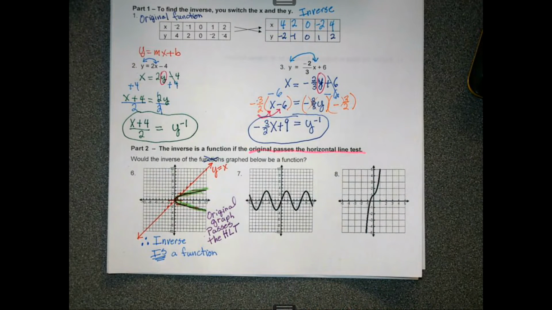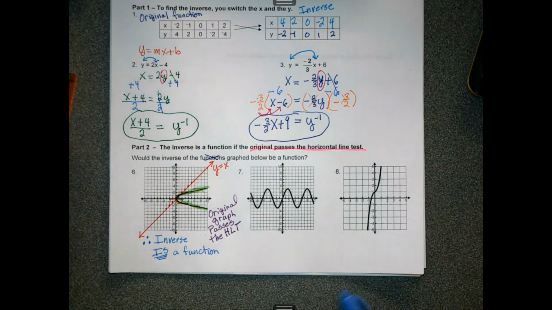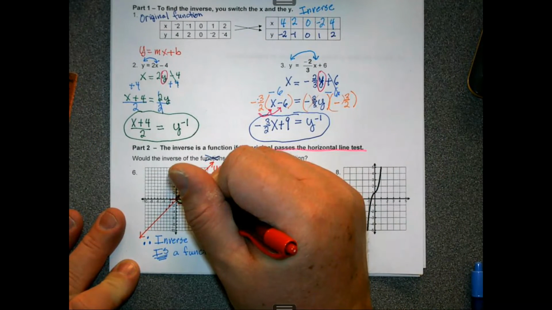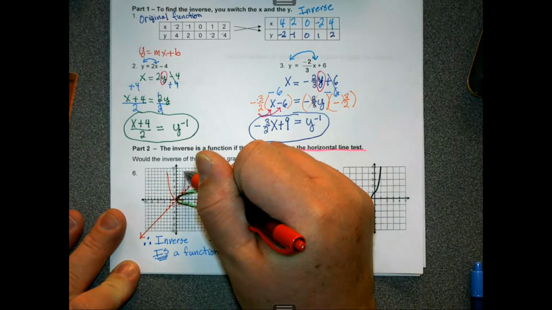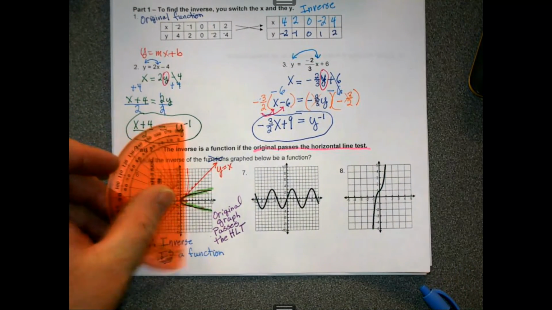Makes sense visually? A lot more than reading it. And if we reflect this about the y equals x line, you'd have a parabola opening upwards, and that does pass the vertical line test.